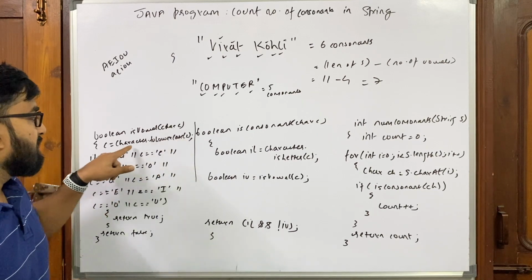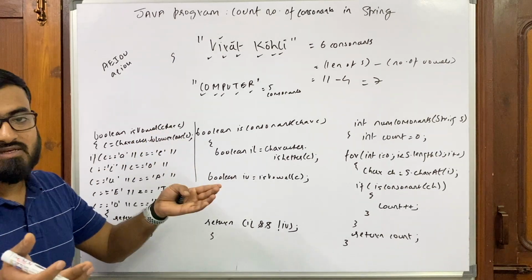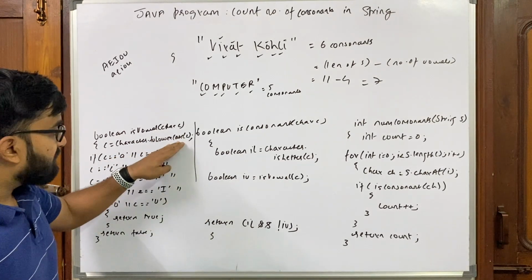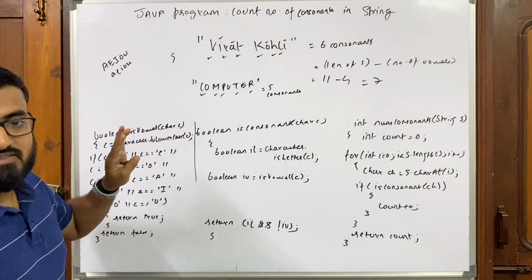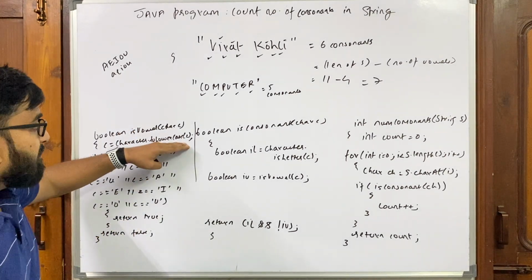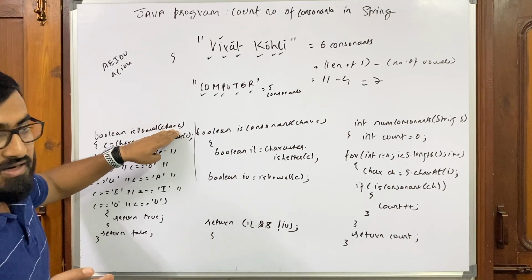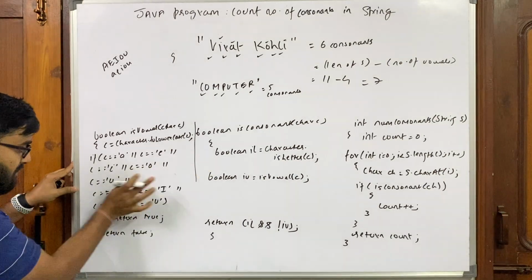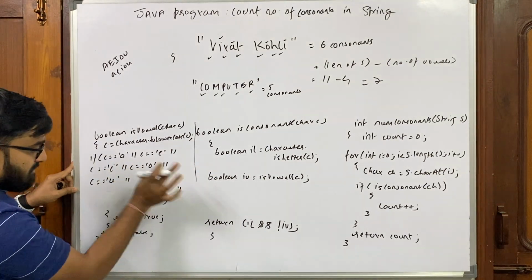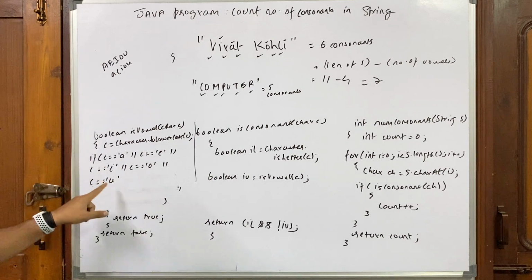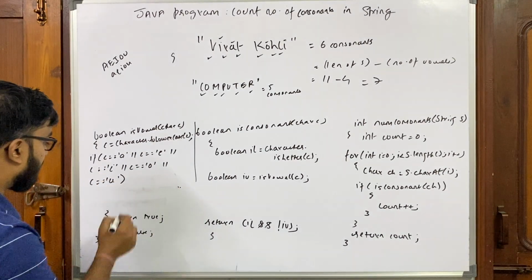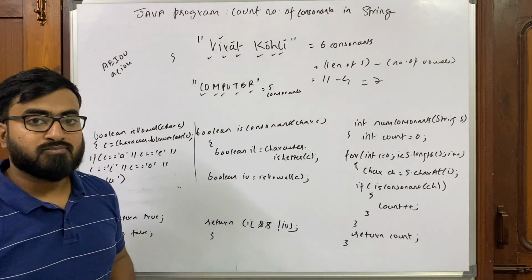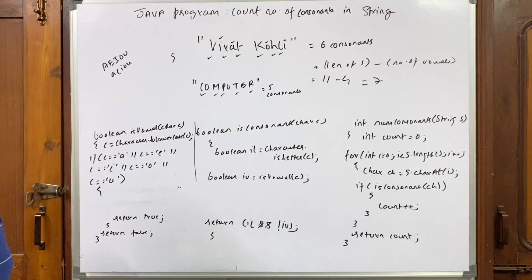The character remains unchanged if it is a lowercase letter because it is already in lowercase, or if it is a non-letter character. So if it is, say, a question mark or exclamation, it remains the same. By this I can make sure that if it is a letter I convert it to lowercase, so I get rid of these uppercase conditions. So I only have 5 conditions, and for these I say if this is the case, return true, otherwise return false. A little more optimized, okay?